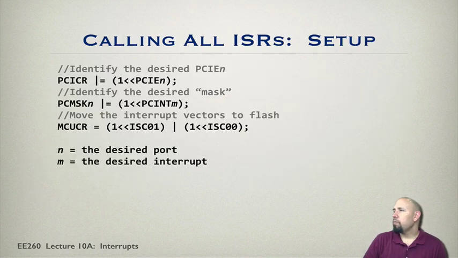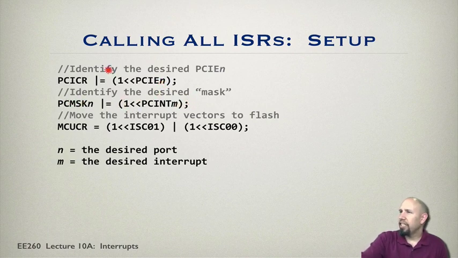So how do we set up a pin change interrupt? Here are some things that we need to do. First we need to set the PC interrupt control register, setting the associated pin. That is one enable that we need to do. Then the other enable is to set the mask.